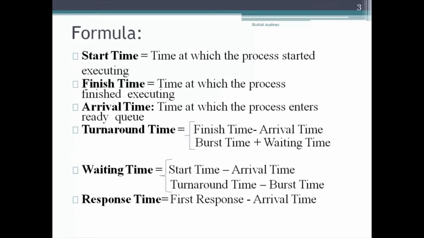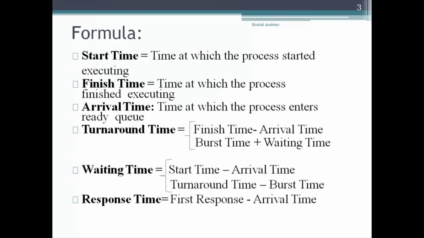Now turnaround time is the duration taken by the process to complete. From the ready queue up to the termination state, the process is either waiting or using its burst time. That means the total time required to complete its work.